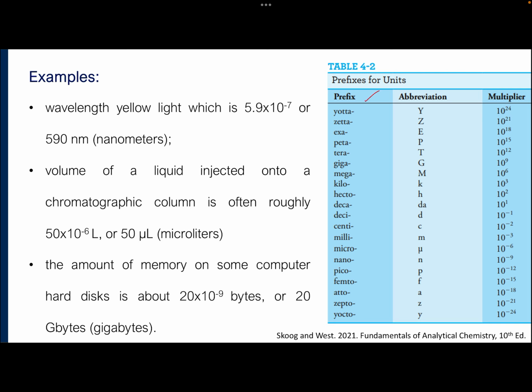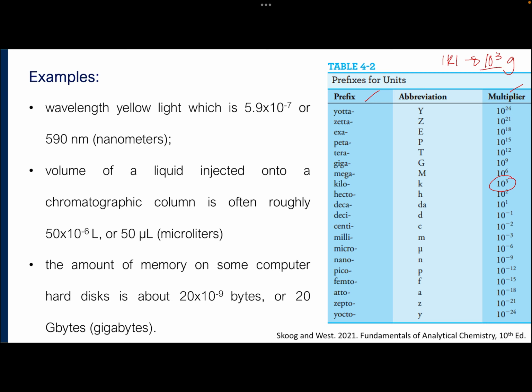We have the prefix here, and then the multiplier. So for example, if we have 1 kilo, we can say that in grams it is 10 to the 3. So we will use the multiplier to determine how much it is.